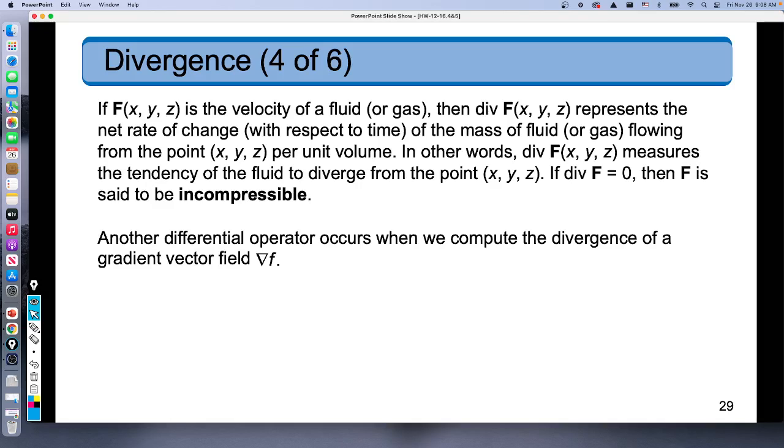And so if it's equal to 0, it says it's incompressible, meaning that it's not diverging, it's not moving. And then we could also compute the divergence of a gradient vector field, but we'll leave that one for later.